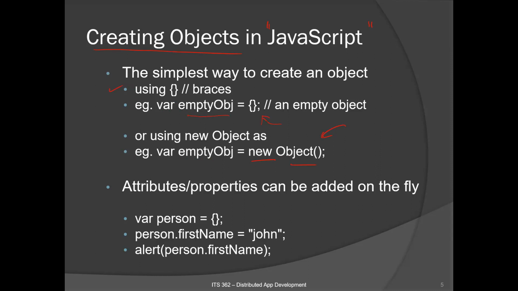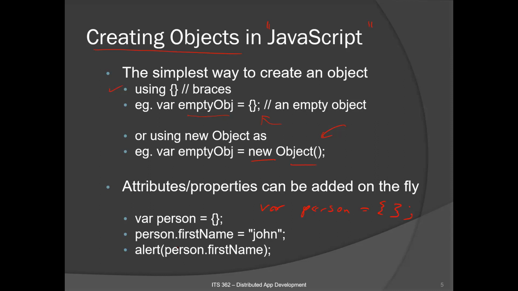So now let's take a look at the attributes and properties that can be added to an object. We have here var person, and we say open curly bracket, close curly bracket.